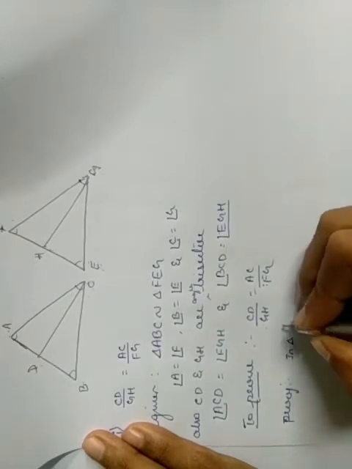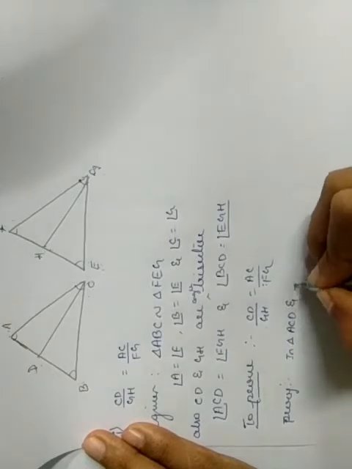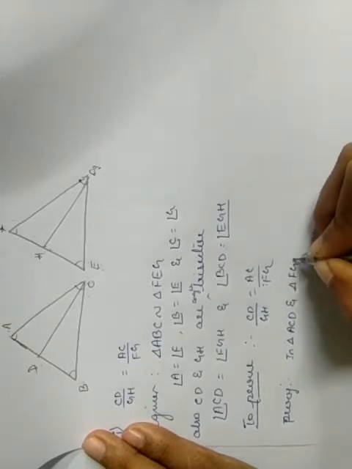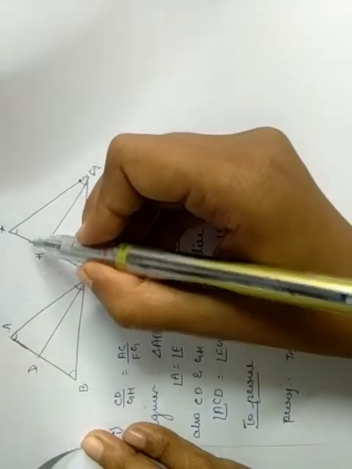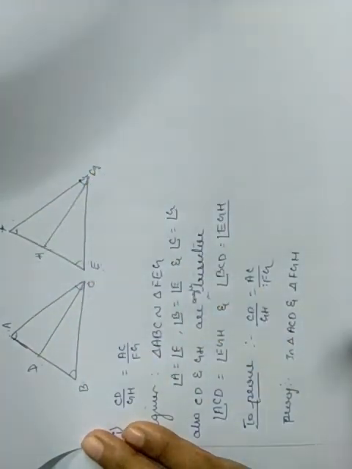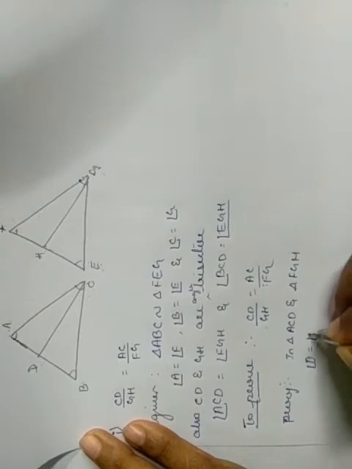In triangle ACD and triangle FGH, in these two triangles, angle A is equal to angle F because corresponding angles are equal. Angle A is equal to angle F.